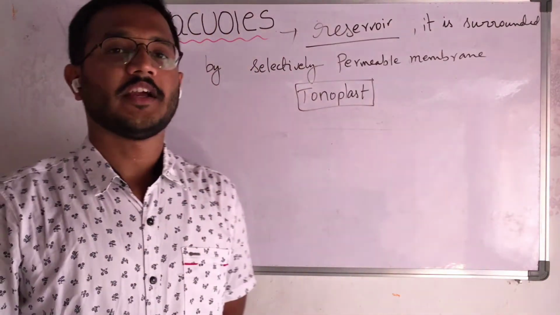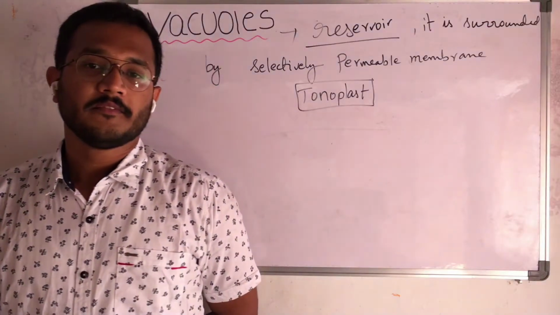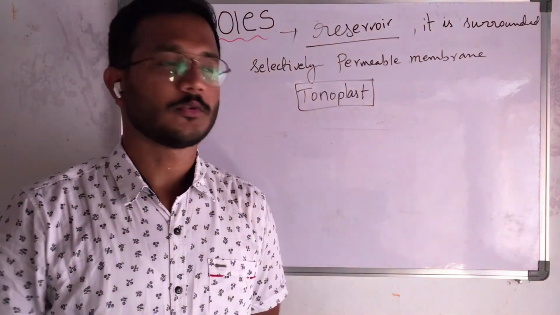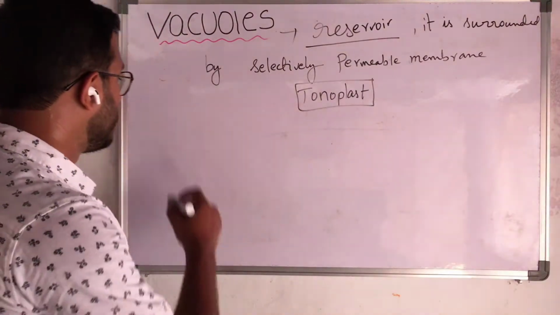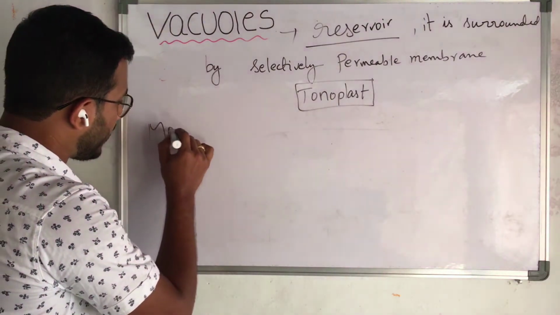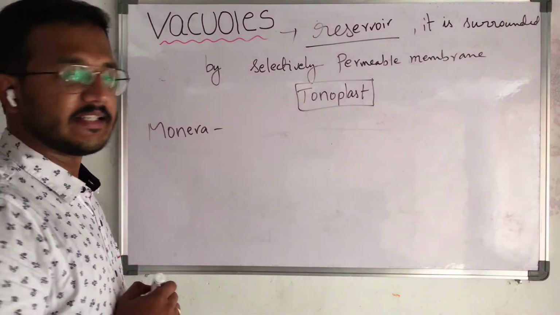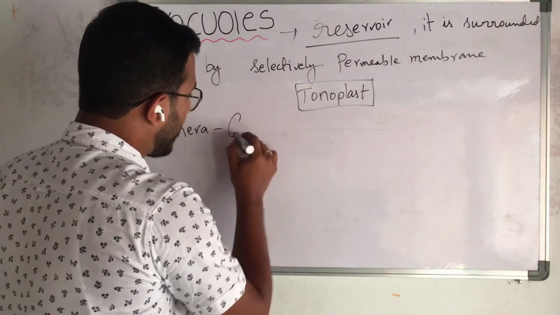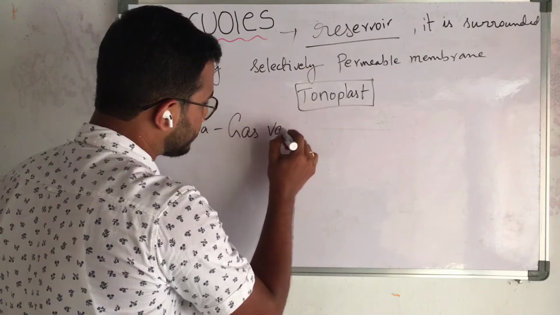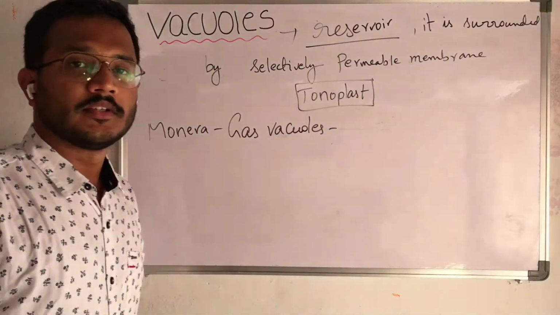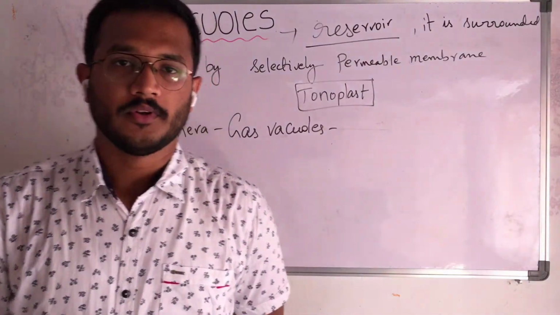Now we will see how many types of vacuoles there are, and which type is present in which type of organism. If you take the Monera kingdom, vacuoles are present, and that type is known as gas vacuoles. So what is a gas vacuole?